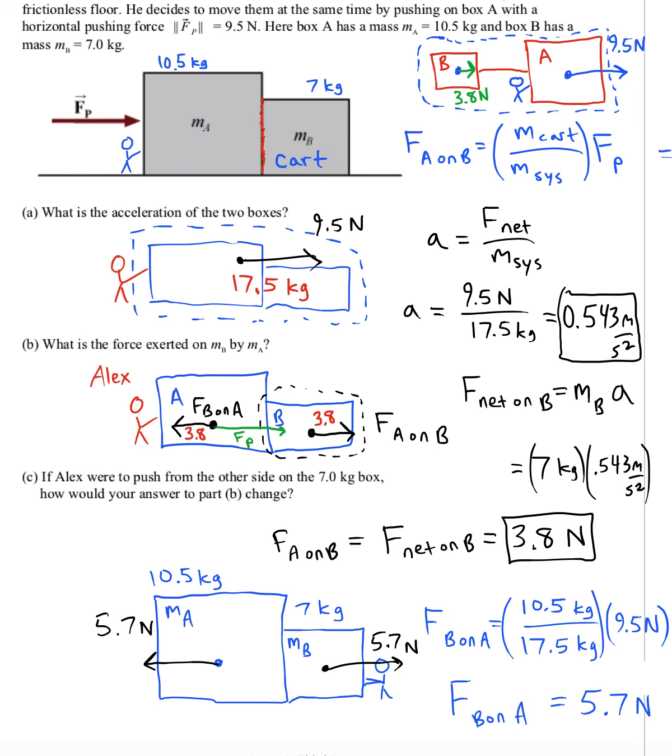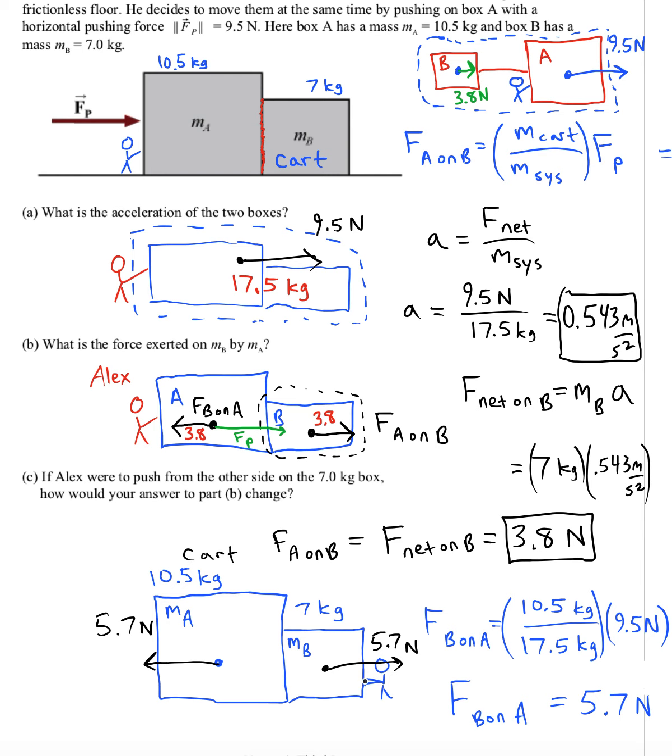So what accounts for the difference here? Like, why is it only 3.8 newtons when B is the cart, but when A becomes the cart, now the force is 5.7 newtons? The reason why is Alex applies his force on the edge of one of the boxes.